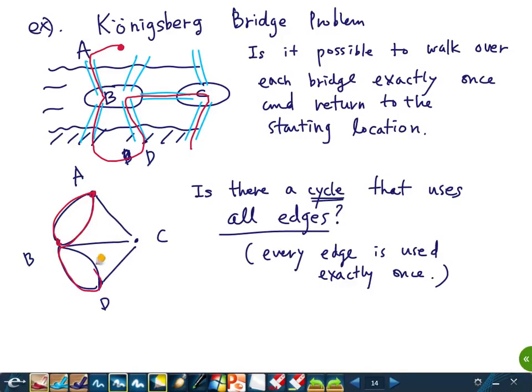Is it possible to draw this diagram without starting over again, at once, without starting over at a different point? So in Korean, we say this like 한붓 그리기, if you remember. So you want to draw this at once without starting over again from a different point. Such a cycle is called an Euler cycle.